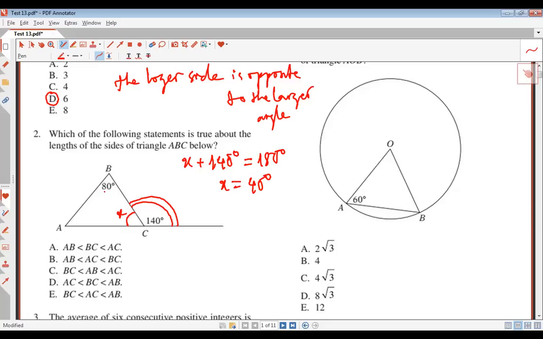And the sum of the three angles in a triangle is again 180 degrees. That means we have y plus 80 degrees plus 40, s equals 180 degrees. So we can say that y equals 60 degrees.